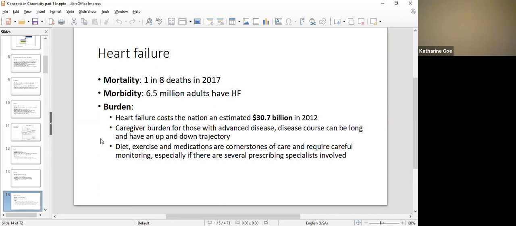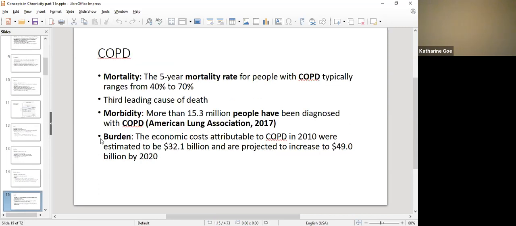The disease course can be long and have a real up and down trajectory. Diet, exercise, medications are cornerstones of care and require careful monitoring, especially if there are several prescribing specialists involved. So this is really an important factor in chronic illness. And that's where the nurse typically plays a role as a case manager with chronic illness.